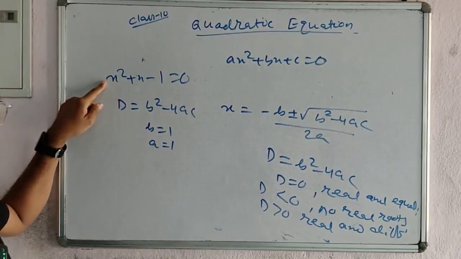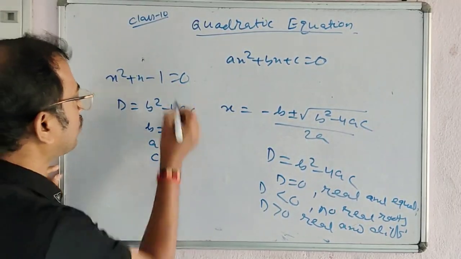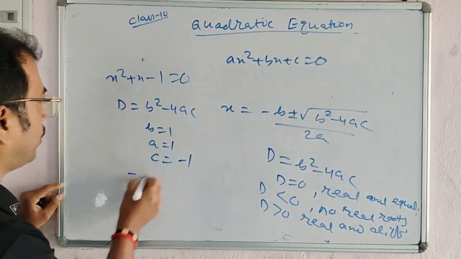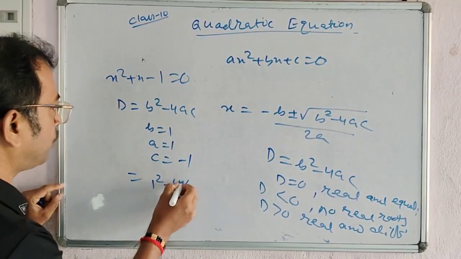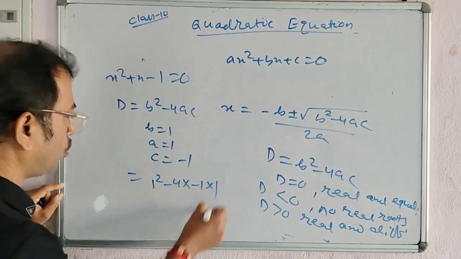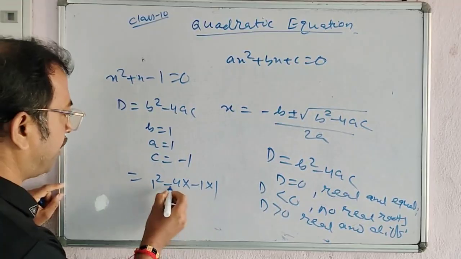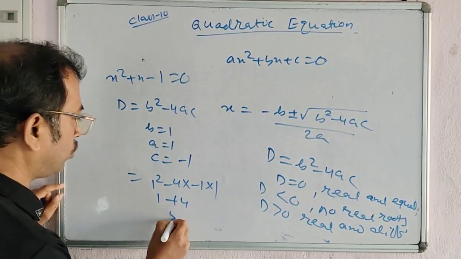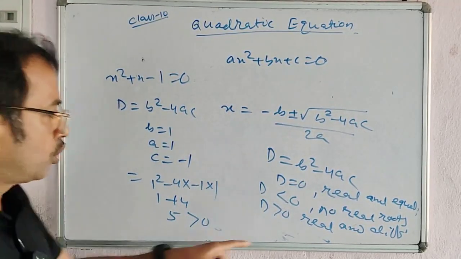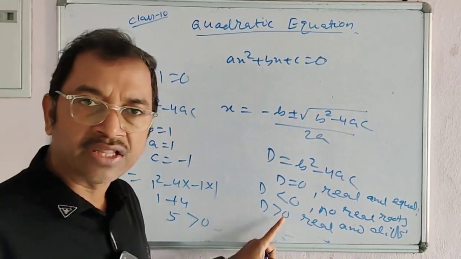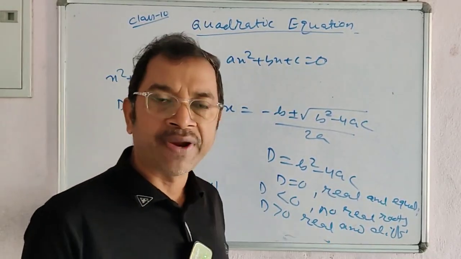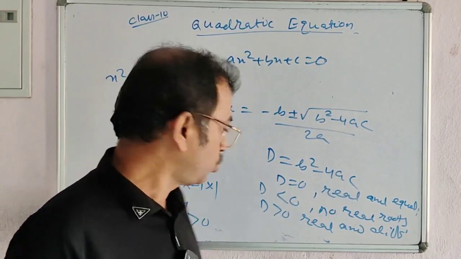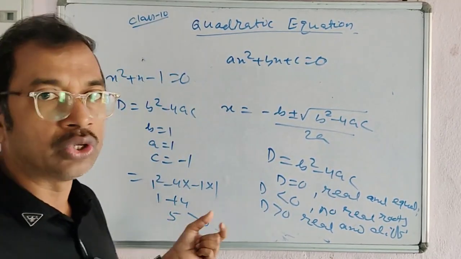What is c? c is the constant, that is minus 1. So check now: 1 square minus 4 into minus 1 into 1. So 1 plus 4 equal to 5, which is greater than 0. So when D is greater than 0, the roots are real and distinct, unequal, whatever you call it. So this is the nature of the roots.